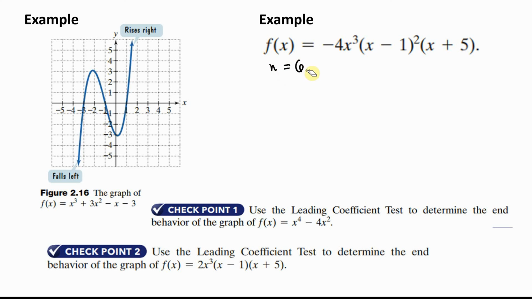Do you see that? You've got the powers, right? If you multiply this out, it's going to be x to the third, this is x to the second, this is x to the first. That's 3, 4, 5, 6, right? X to the 6. So it's even. The leading coefficient, a sub n, is negative 4. Negative.